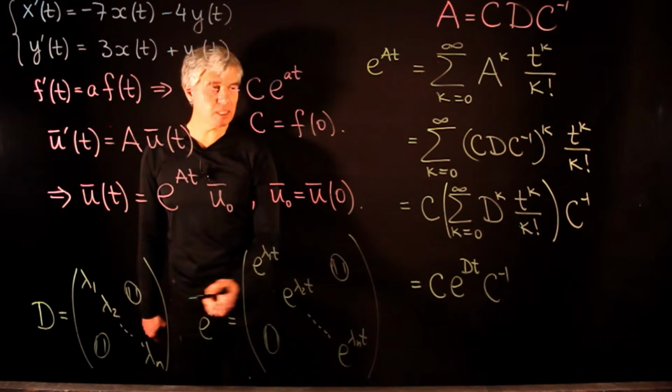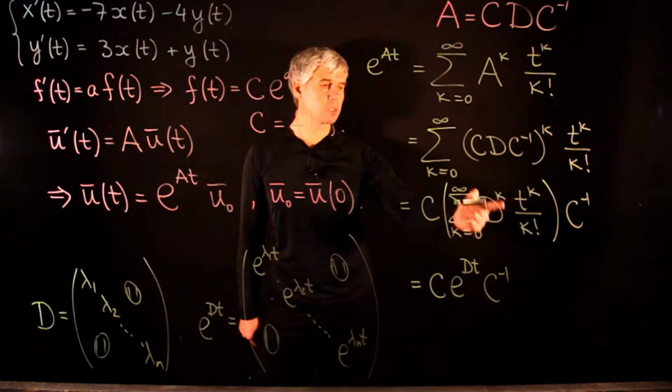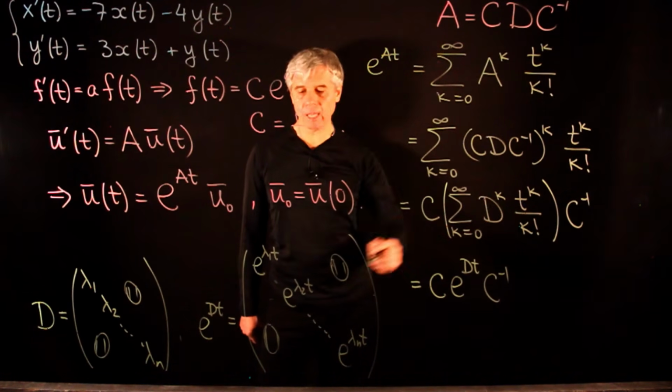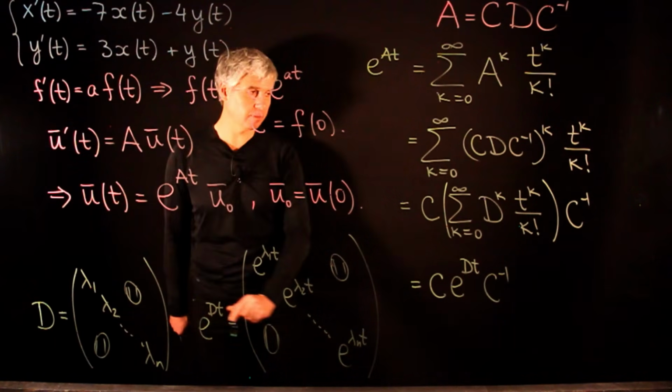This can be immediately obtained from the definition of exponential, because here we know that D to the power k will have lambdas to the power k on the diagonal.